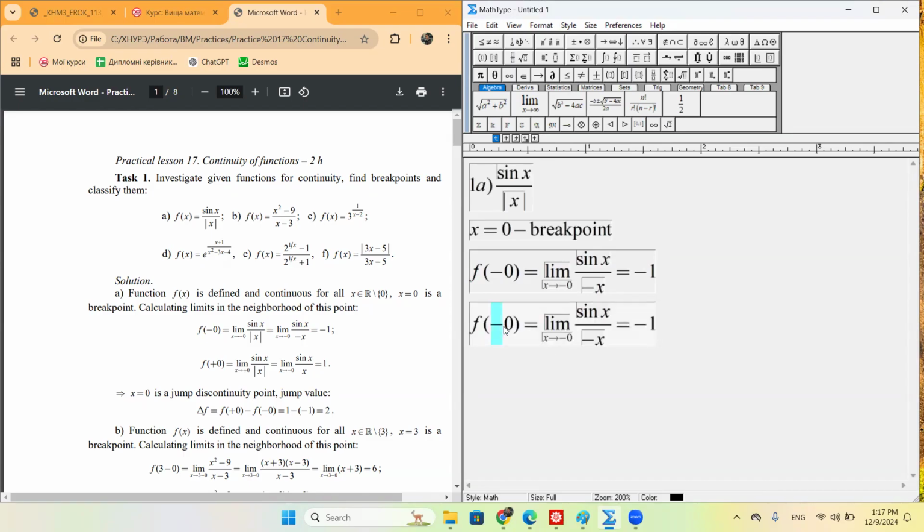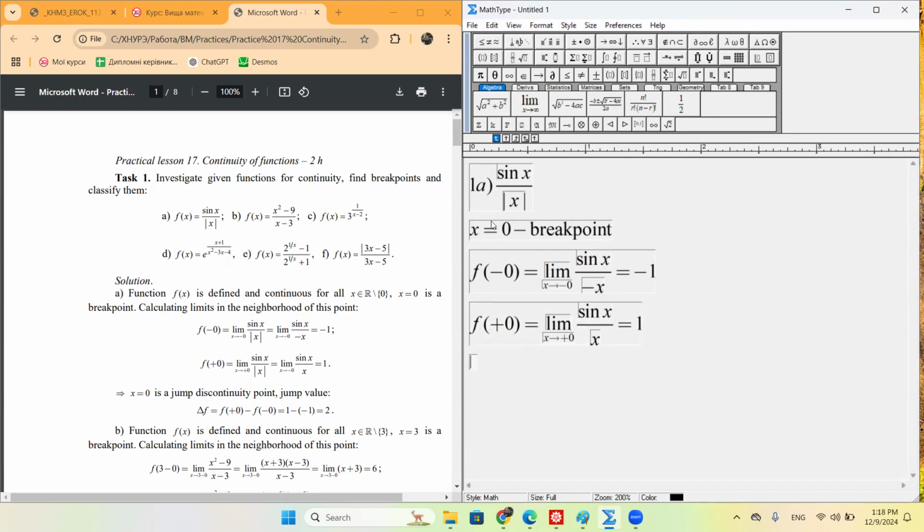And for the limit from the right, we have another situation: sine of x divided by x. As well, by the first special limit, we get different values of the limit. From the left, minus 1, from the right, plus 1.